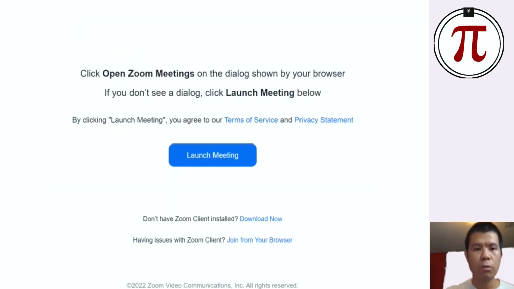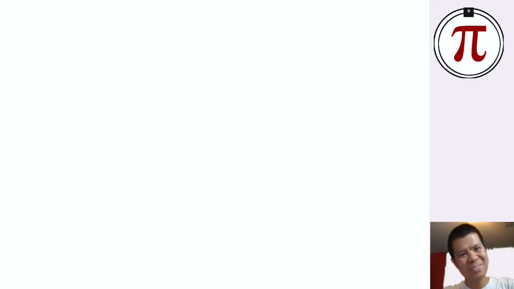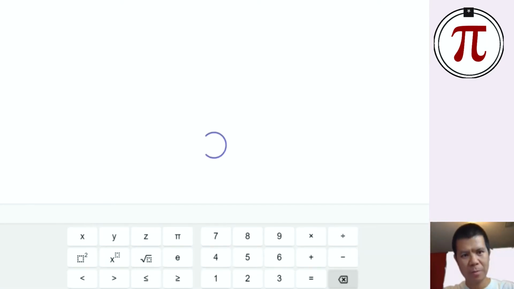Now let's graph. Have GeoGebra ready. That's prettier. Okay, anyway, you want to start with the cosine function and then step by step come up with the function.